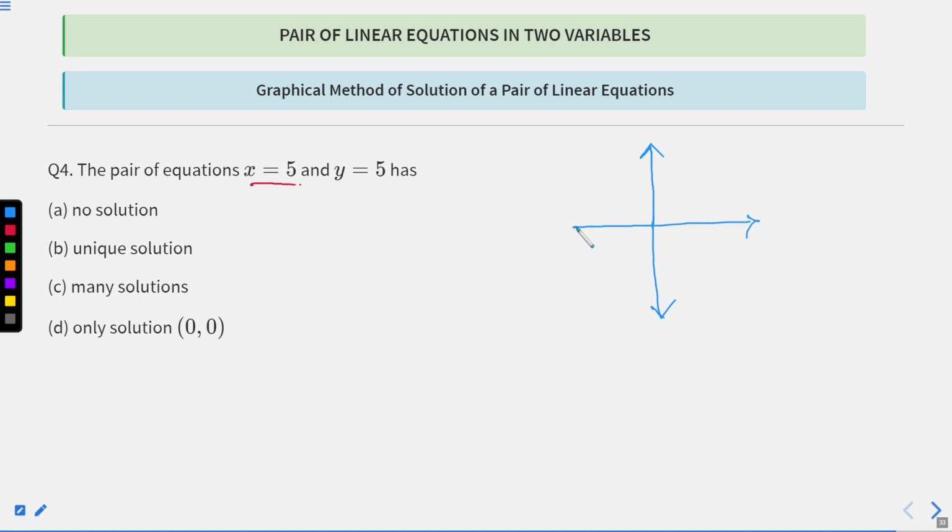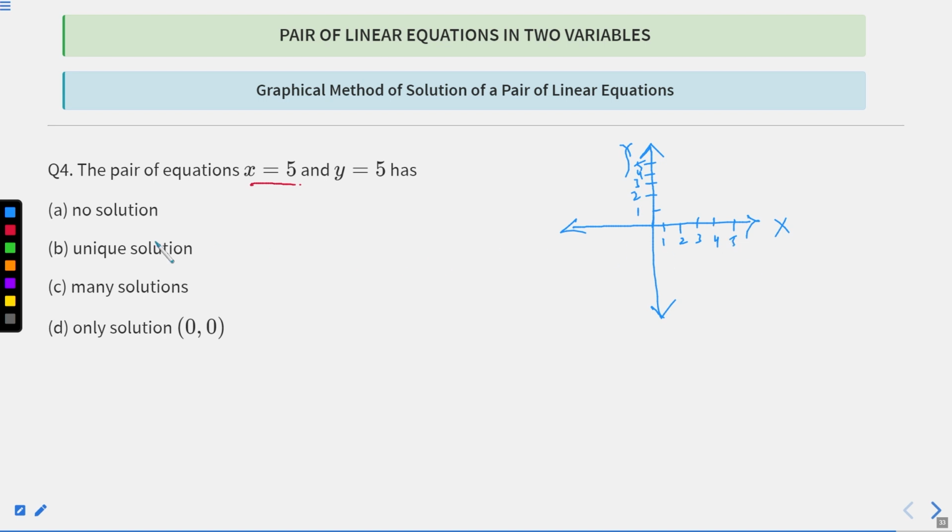This is the x-axis, this is the y-axis, and these points are 1, 2, 3, 4, 5 on each axis. The line x = 5 is a line parallel to the y-axis at a distance of 5 units in the positive direction of the x-axis.